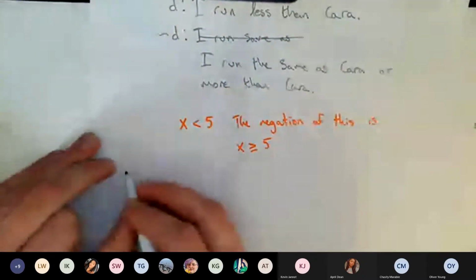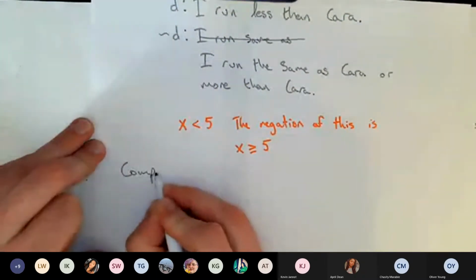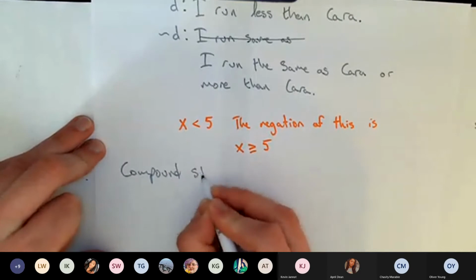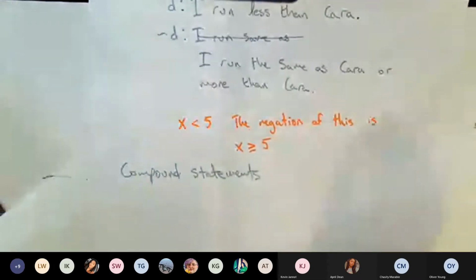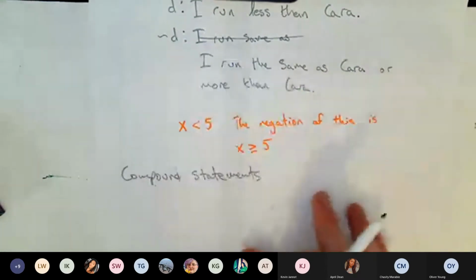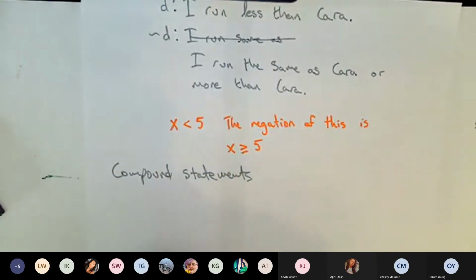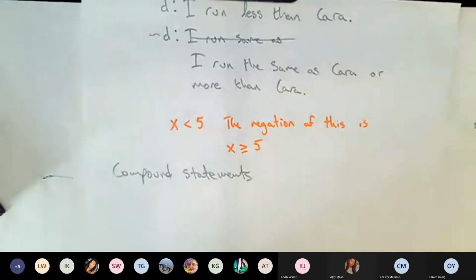All right, now let's move on to talking about compound statements. This is going to be the basis for what we're going to talk about in section 3.2 and 3.3.